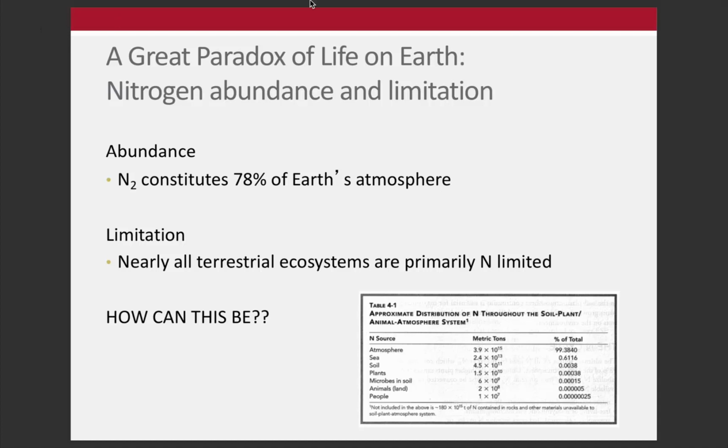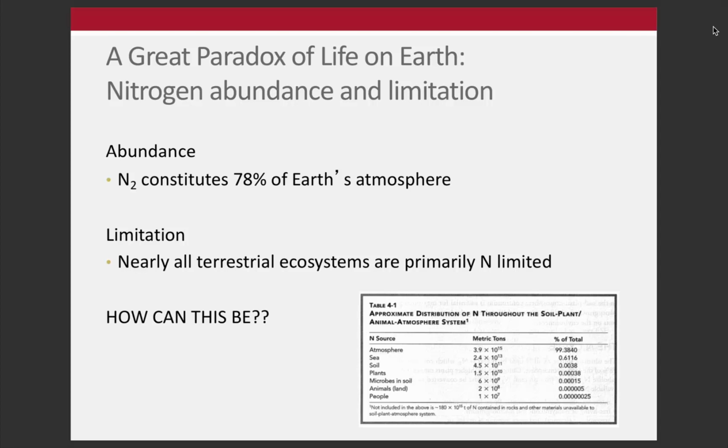So there exists this great paradox on planet Earth of nitrogen abundance and limitation. Nitrogen, N2 or dinitrogen, constitutes about 80% of the Earth's atmosphere. 78% of the Earth's atmosphere is made up of this one gas, N2. But if we look around, nearly all terrestrial ecosystems are primarily nitrogen limited.